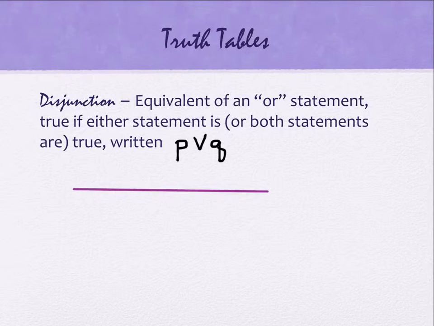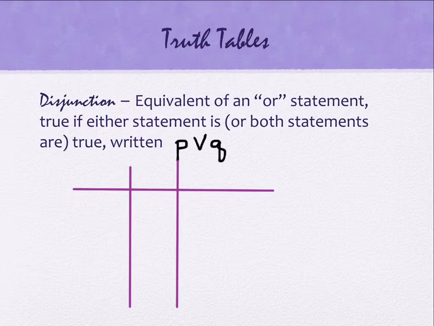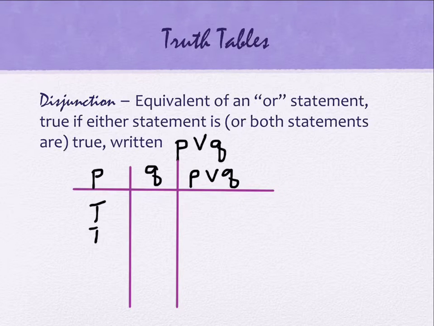So next we're going to create the truth table for a disjunction. We need a column for P, a column for Q, and a column for P or Q. Here's the cool thing about truth tables. You can always start them because the first two columns are always the same. What goes underneath P? True, true, false, false.